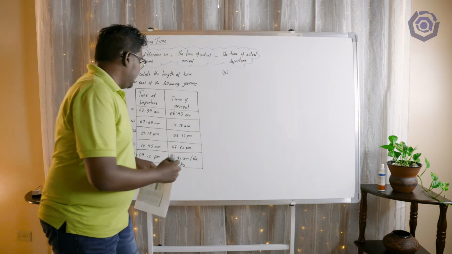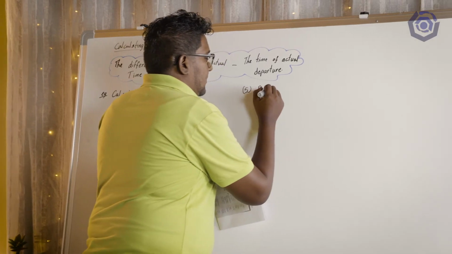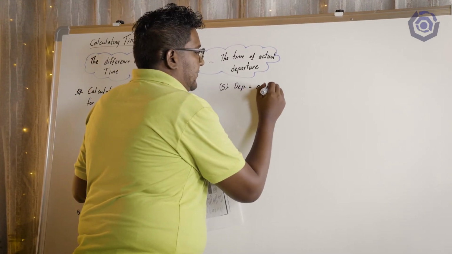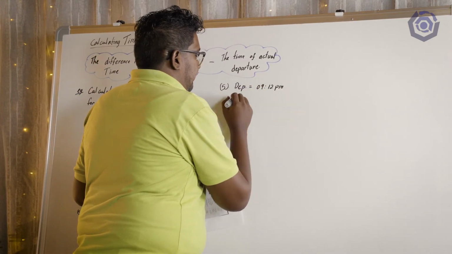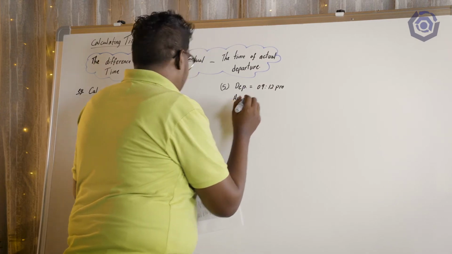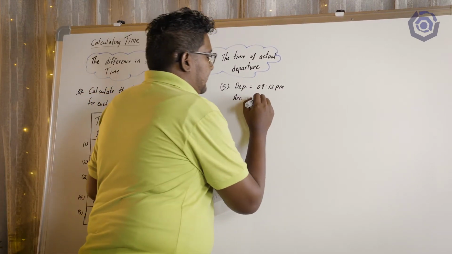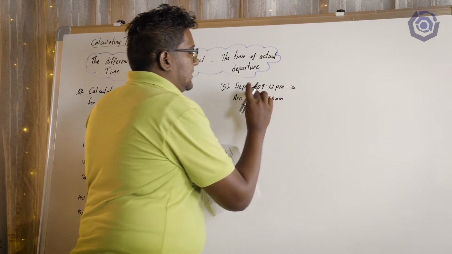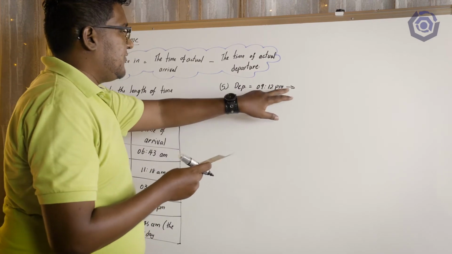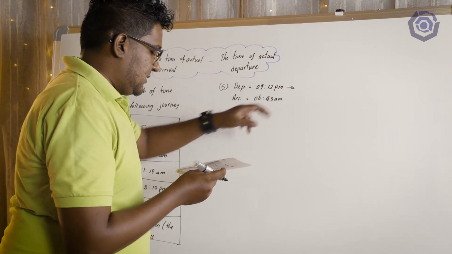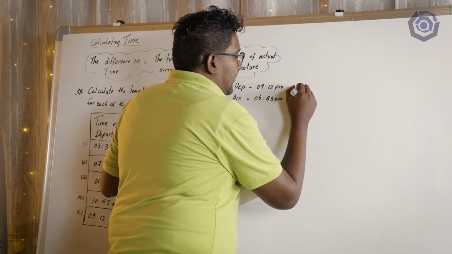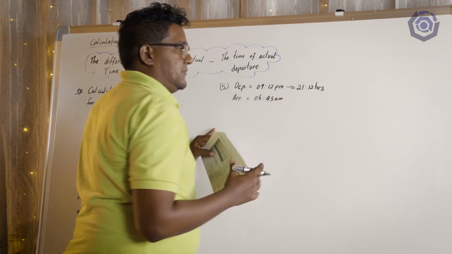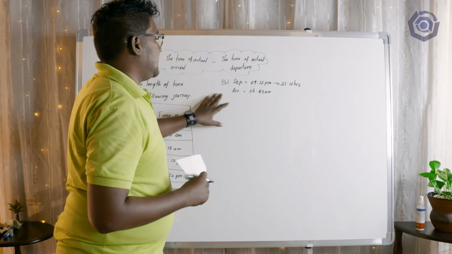So the departure is equals to 09:12 p.m. and the arrival is 06:45. So since the departure is in p.m., we convert this to 24 hours, and this is going to give me 21:12 hours.